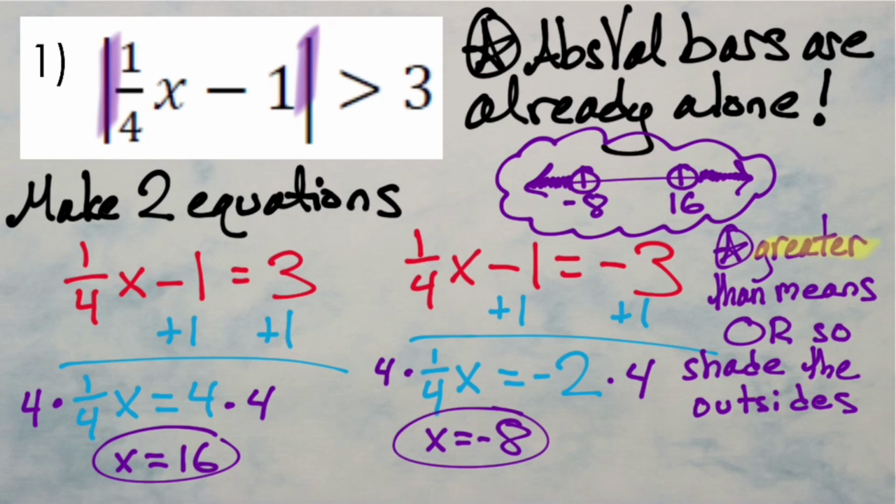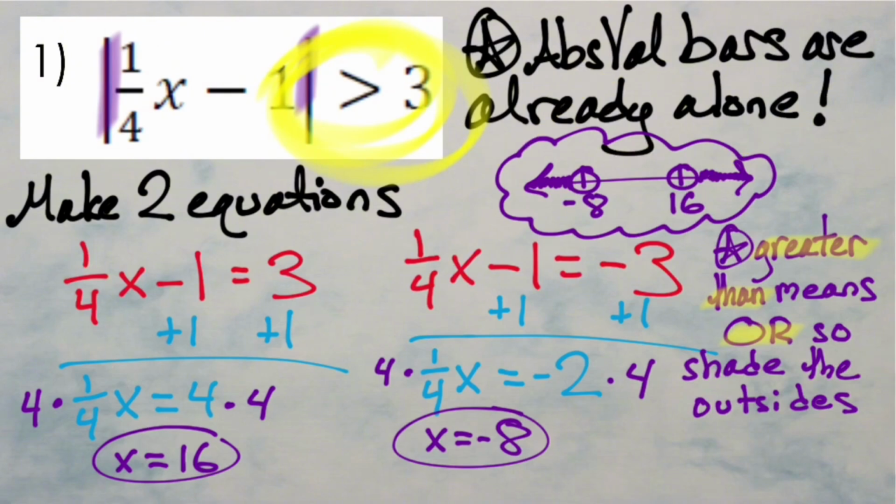Because we have the greater than sign, this problem is called an OR problem. What does that mean? Well, x could be less than negative 8, or it could be greater than 16. It's one or the other. It's either going to be on the left or it's going to be on the right. That's why it's called an OR.